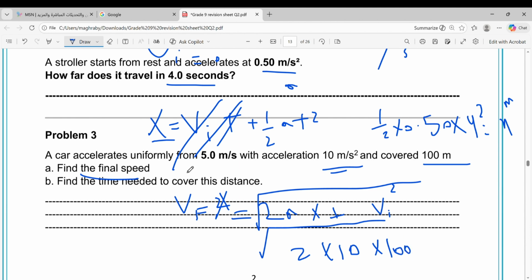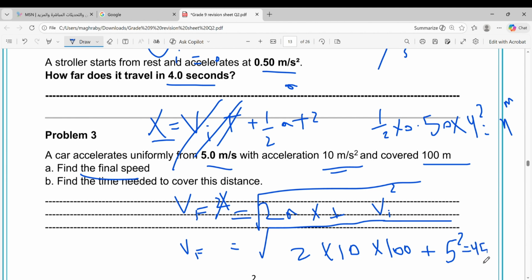The v initial is 5, since it accelerates uniformly from 5. So the answer will be 45. V final will be 45.